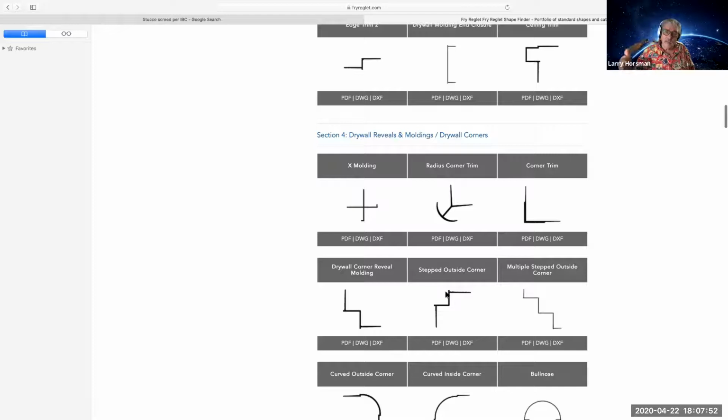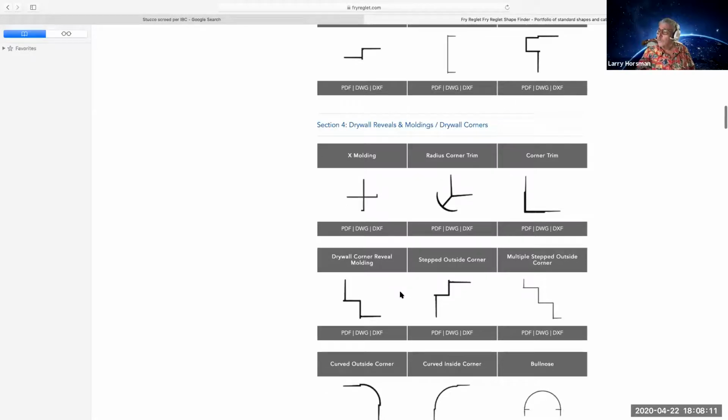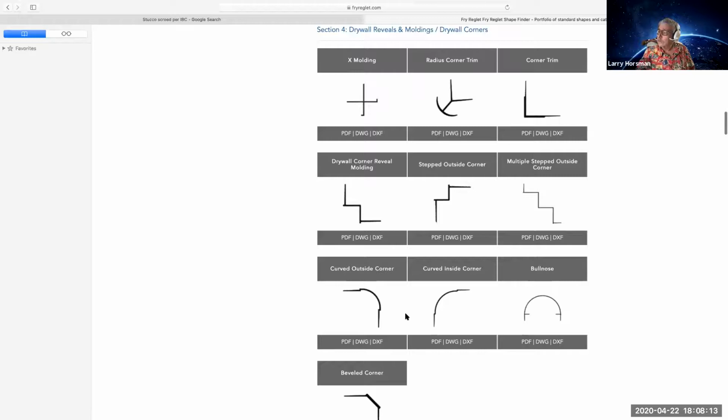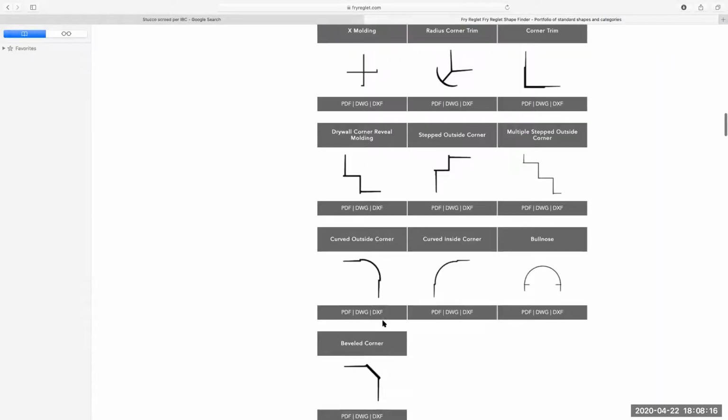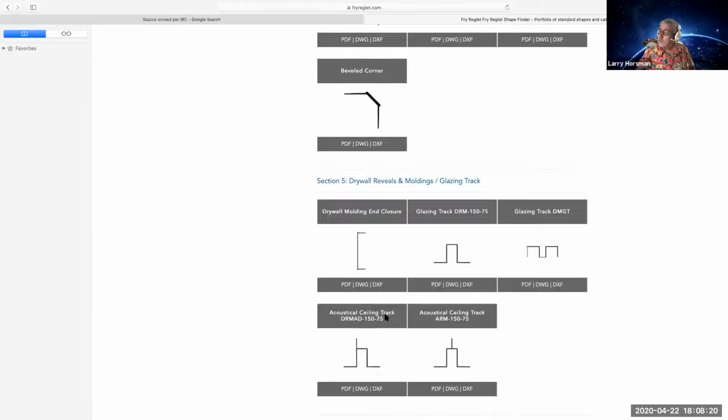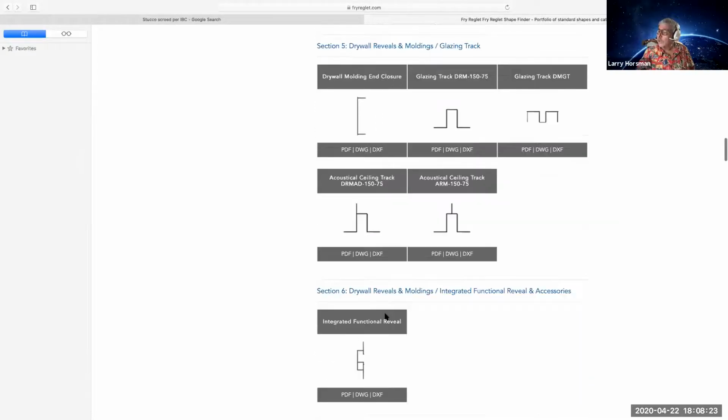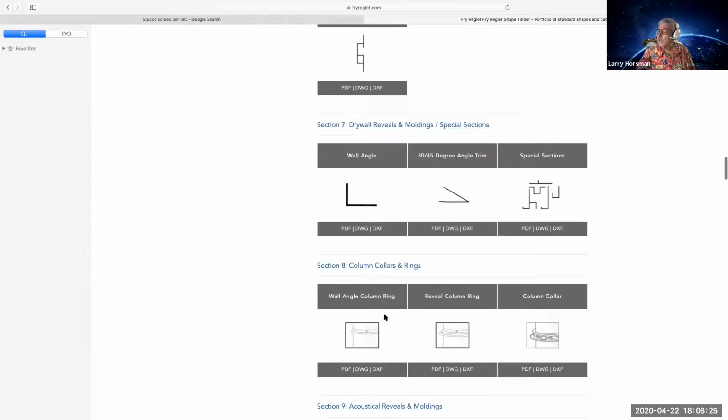So if you're trying to give it a more architectural or a more finished look, then this goes in at the corner and then the material comes in back behind here. That gives you a real straight line. But the architects love this stuff. See, there's some bullnose. You want beveled corners. But this is the sort of stuff when you're estimating that will absolutely kill you if you miss it.